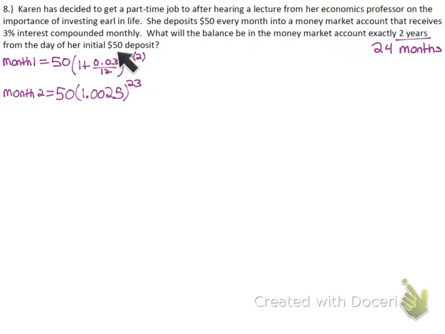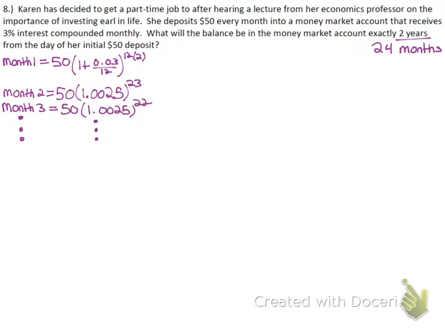Instead of 1 plus 0.03 over 12, I simplified that down to 1.0025. It's just to make this process a little bit easier. And now this is going to be in the account for 23 months, whereas the very first month is going to be in there for 24 months.